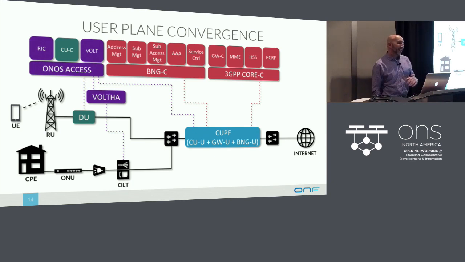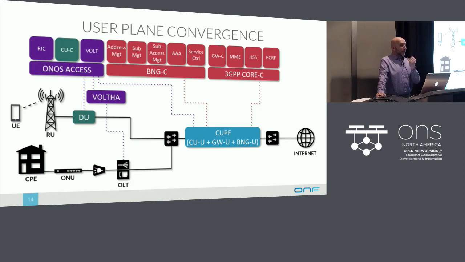So in terms of convergence, the first step is actually dealing with user plane convergence. In the disaggregation, I mentioned 3 distinct user planes, right? On the cellular side, the disaggregated RAN had a user plane, CU-U, sorry.